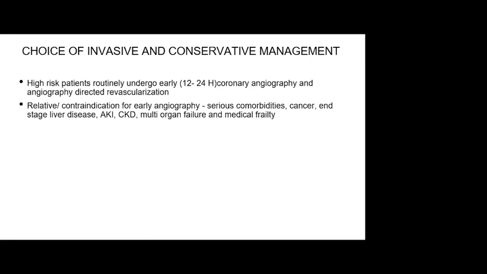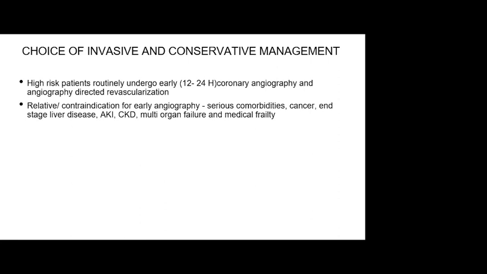Now, how do you decide? In STEMI, all patients should go to the cath lab or be opened up immediately if possible. But in non-STEMI it's not so. Only a certain percentage of people should go to the cath lab. High-risk patients, usually with a GRACE score more than 140, TIMI score more than 4, should go to the cath lab within 24 hours for the angiogram. Check whether the arteries are stentable.